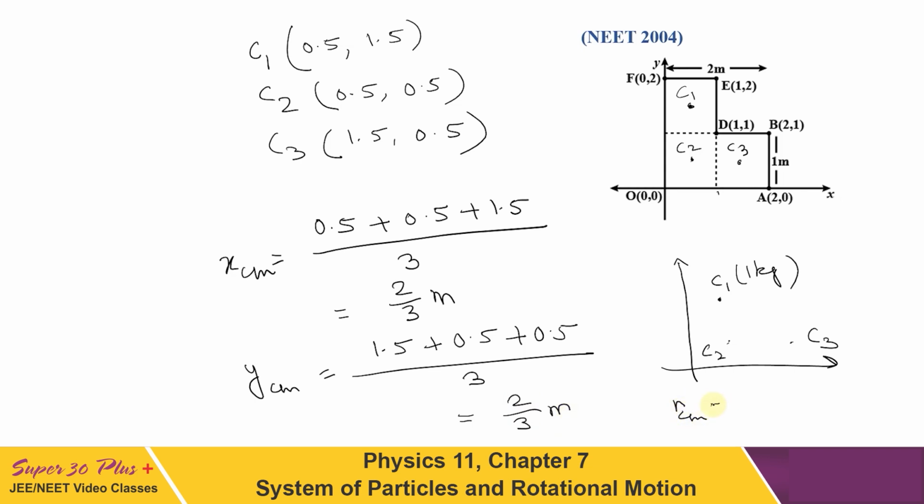RCM has x coordinate equal to 2 by 3 meter, so it is 2 by 3 i plus 2 by 3 j. This is how, if shapes have some symmetry, we can convert a continuous mass system to a discrete mass system. Then there will be no need of integration; simply we can write the summation.